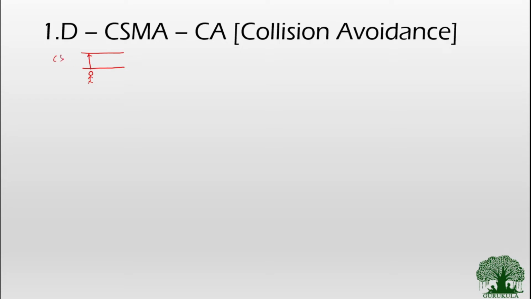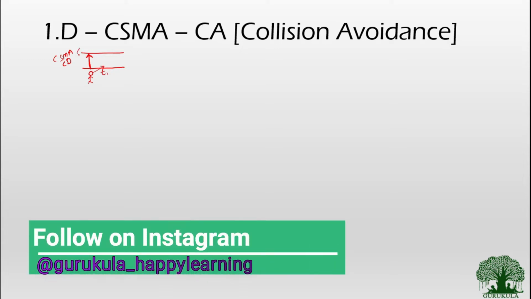In case of CSMA CD, this person will sense the channel for a particular instant of time t1, and if there are no vehicles coming on this road, he will immediately start crossing the road to the other side.